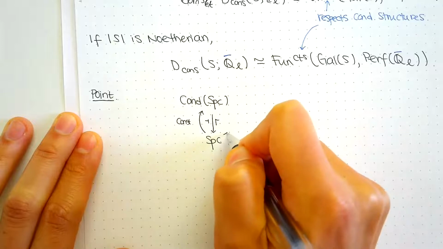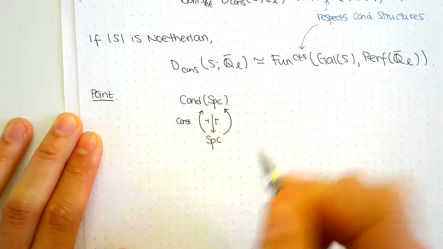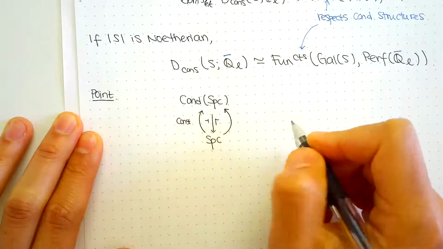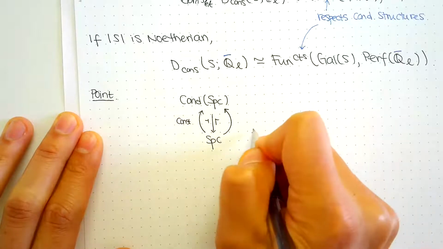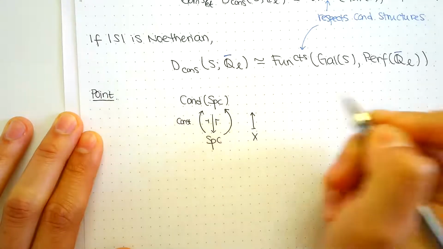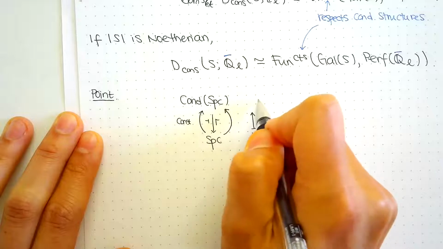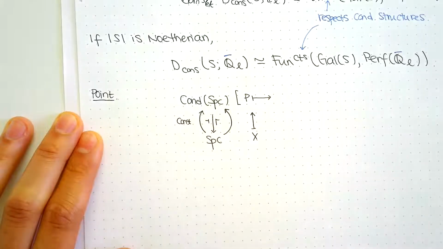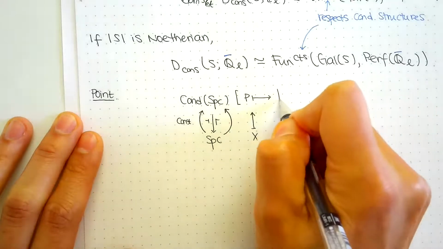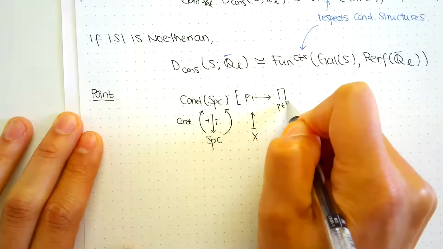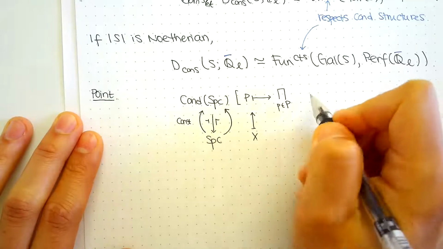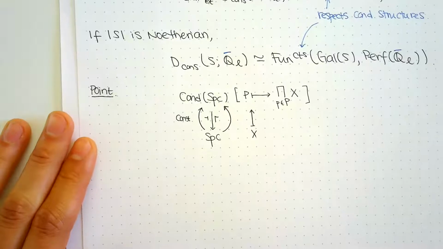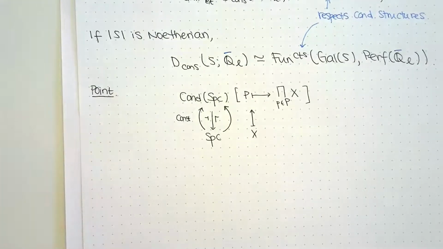Modulo some set theoretic things, there exists an adjoint here, and what it does is it will send X to the functor that sends P, one of these weird topological spaces, to the product over the points of P of the underlying set of X. So is this like the set with the indiscrete topology? Yeah, it's like the set with the indiscrete topology.